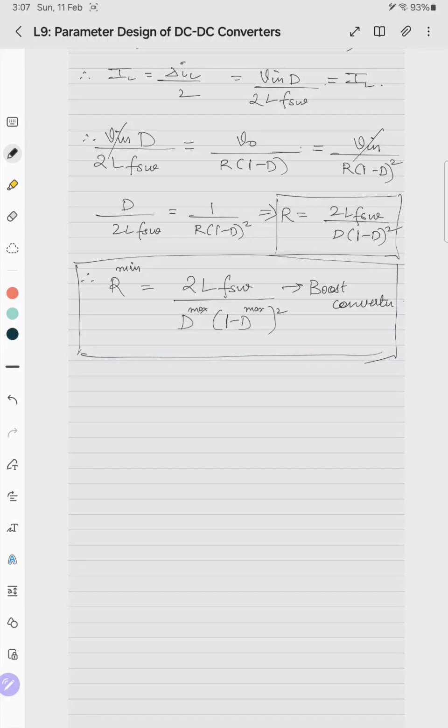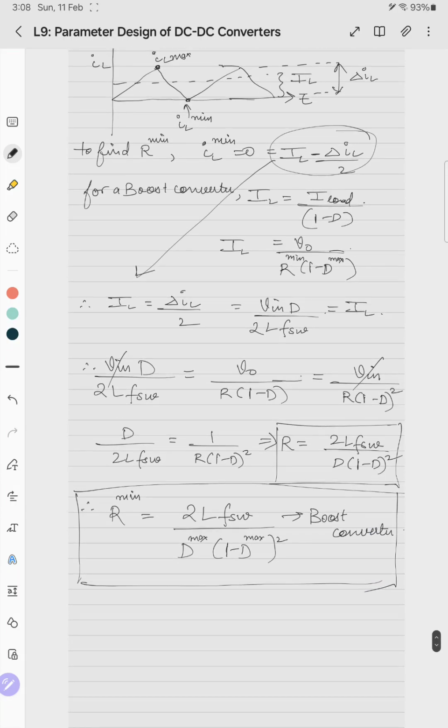This is the minimum load which you have to apply on a boost converter. Similarly, you can derive this for the buck boost converter.